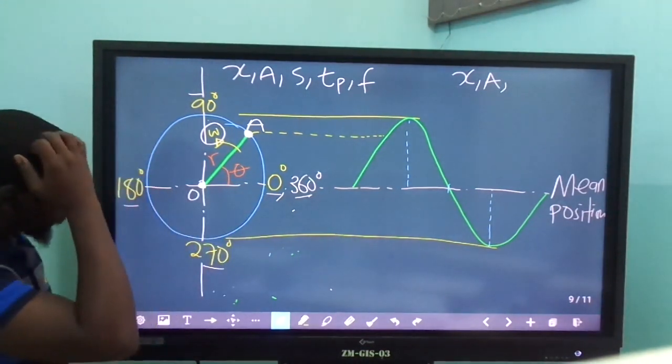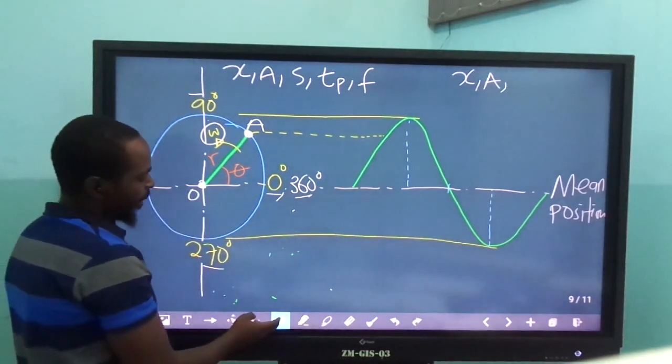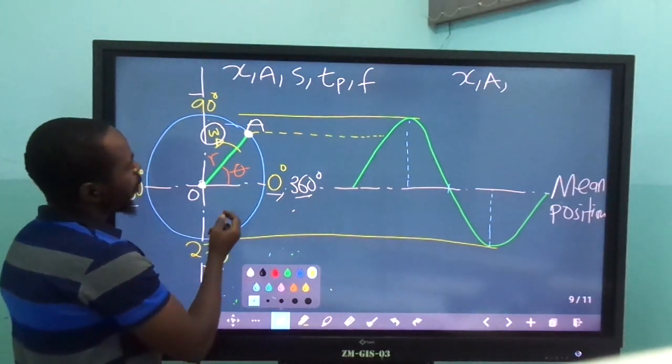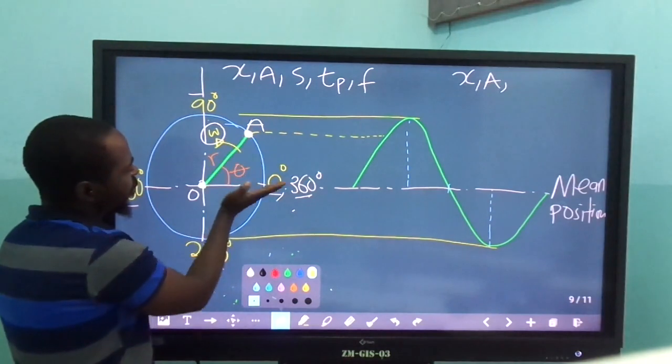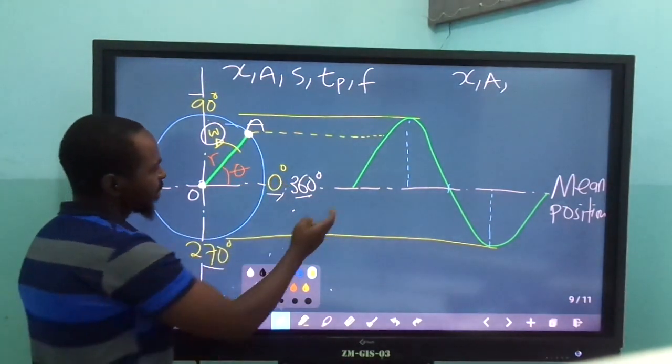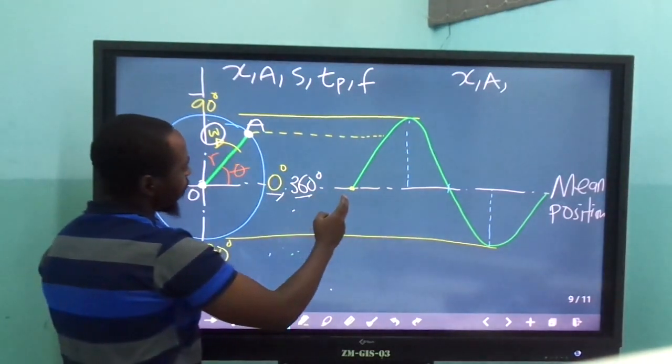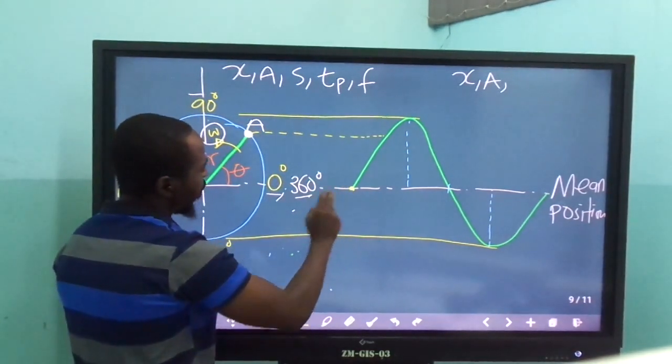So now, when this rod is at 0 degrees, point A will be on the horizontal.